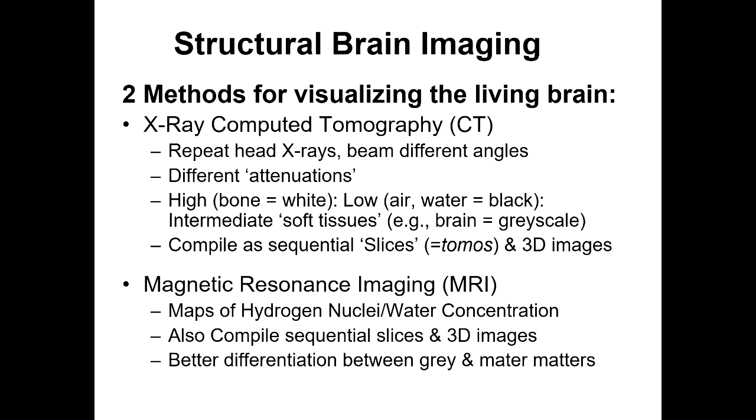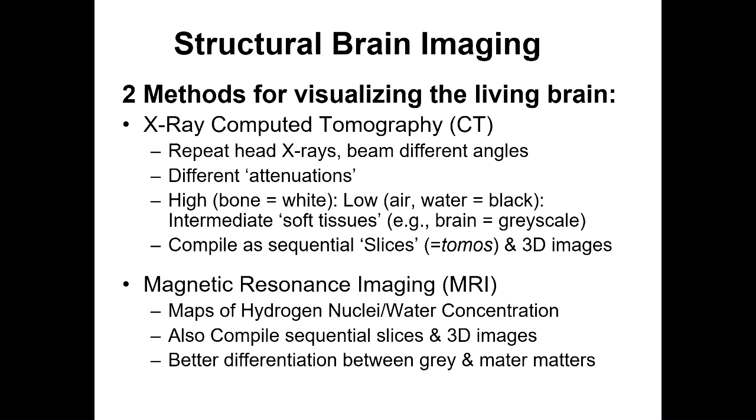Well, of course, they're fully aware that you're never going to actually use these particular techniques to visualize the living brain of a human being, but they do feel that you ought to know a little bit about their existence and how they work, because sometimes you might get the opportunity to see one of these images and be asked to interpret it, as part of a diagnosis of somebody.